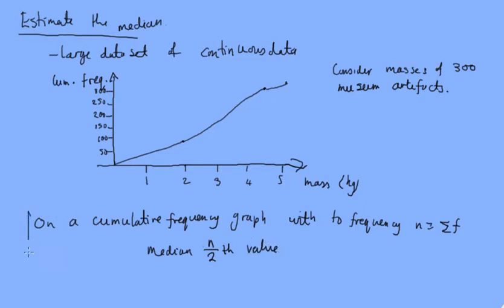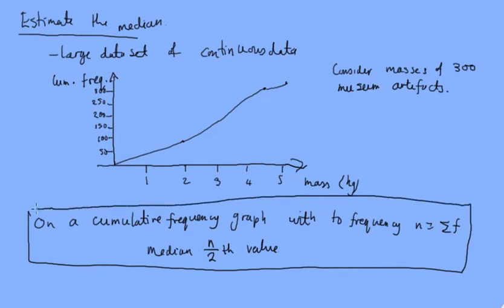So this is our key point to remember, and note how it varies. You don't have n plus 1 with the cumulative frequency graph. It's just n over 2.